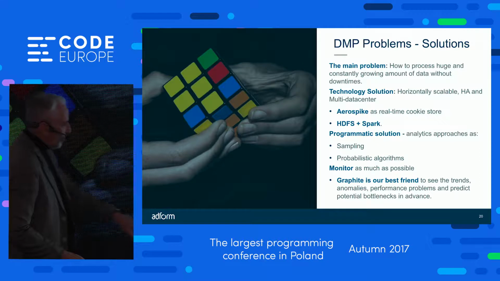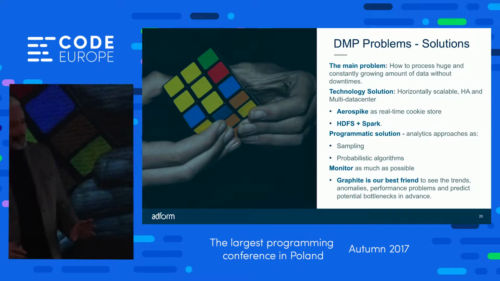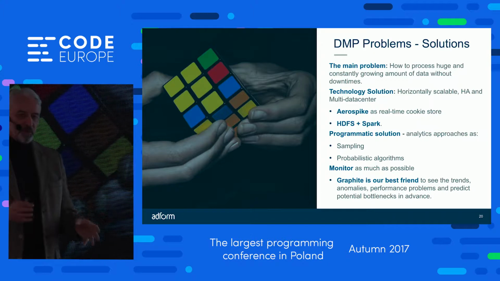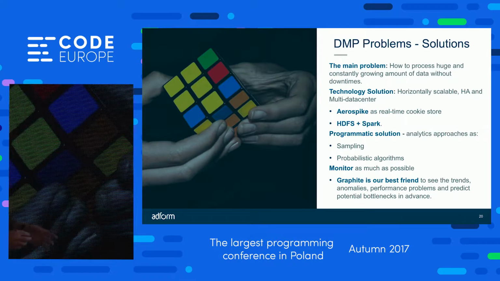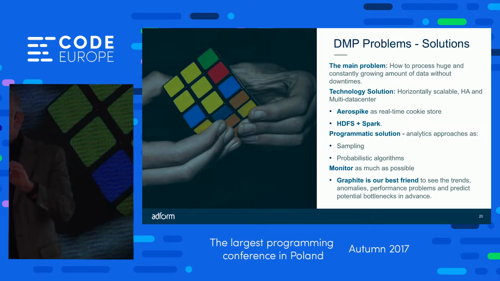So one of the solutions that we do is we use probabilistic, I have trouble with English, it's my first language, probabilistic algorithms, and we monitor as much as possible. So the Grafana and Graphite style of monitoring is absolutely essential for us to see how things are performing. Not just things like CPU utilization or disk usage, talking about the number of things processed in a second, and that makes sense.